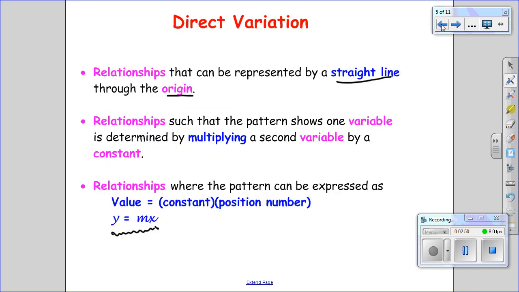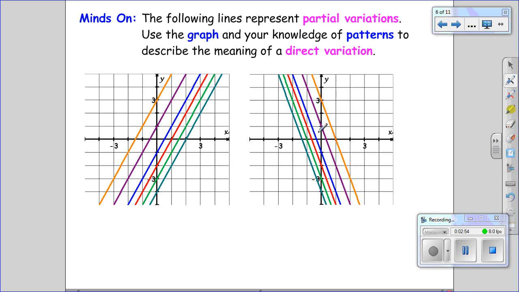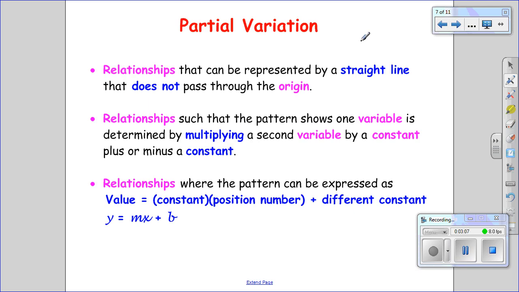So if a direct variation passes through the origin, let's find the origin. There's my origin. What do I notice about all of these lines in these graphs? Not one of them passes through the origin, and that's what makes them a partial variation. They're still straight lines, but they do not pass through the origin, and they're found by multiplying a variable by a constant and then adding or subtracting a constant.